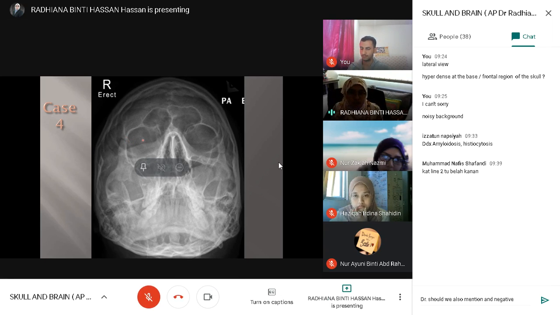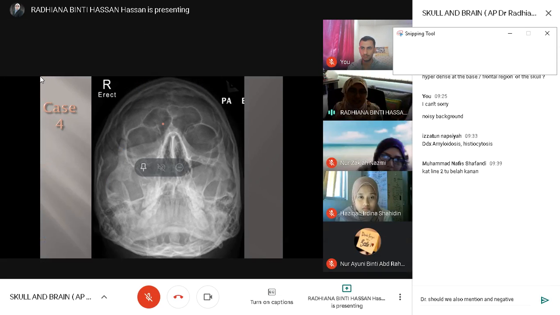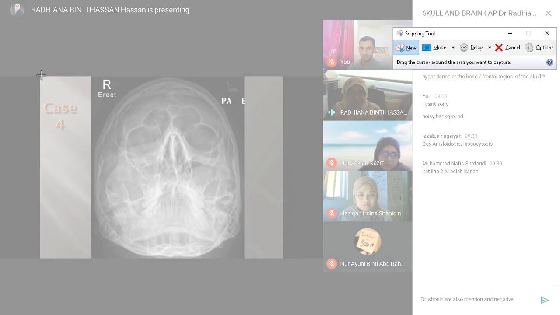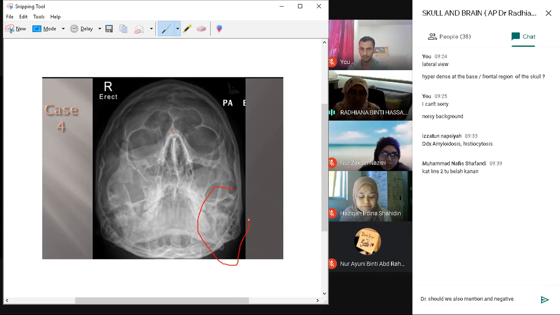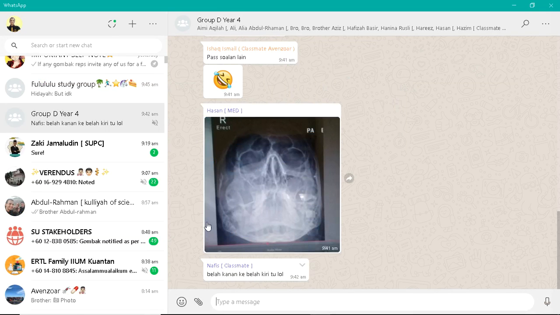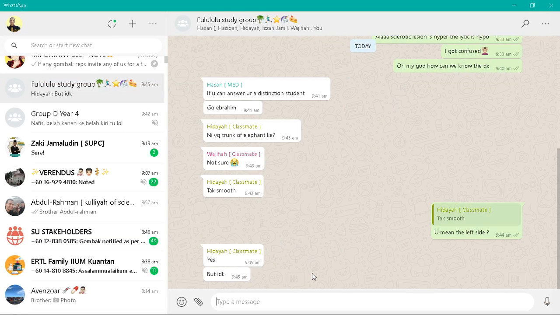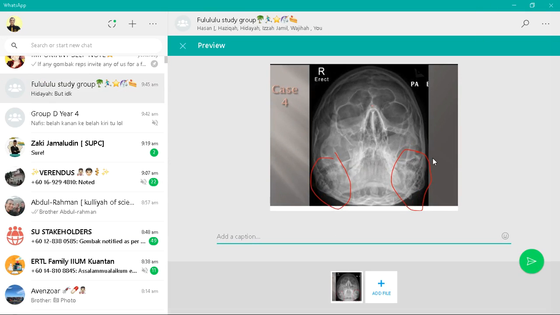Same as your sutures, when you look at the zigzag, at the border of the zigzag it is a bit sclerotic. If it is a fracture, because it is acute, you will not see that sclerotic margin. So we call it a sclerotic margin. So for this patient, if you use that approach again, you see this is a suture. Whether there is abnormal widening of the suture, you still cannot rule out.